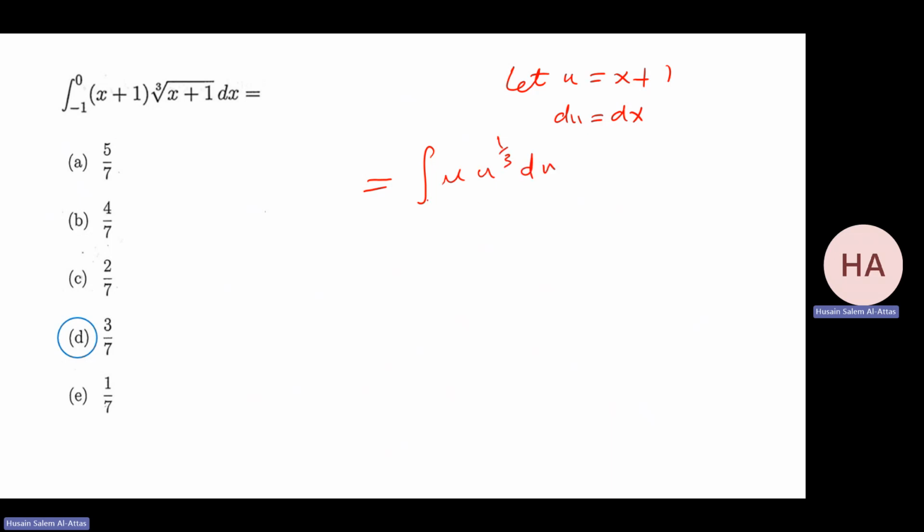Now, if x equals minus 1, u will be 0, and the upper limit will be 1. So it will be from 0 to 1, u to the power 4 over 3 du. So add 1, that will be 3 over 7 u to the power 7 over 3 from 0 to 1. So the answer is 3 over 7, which is very easy.